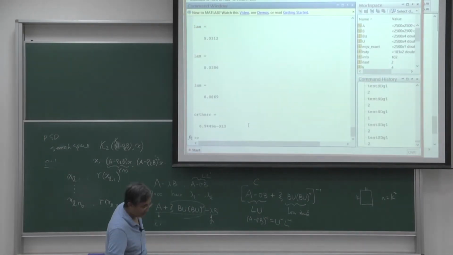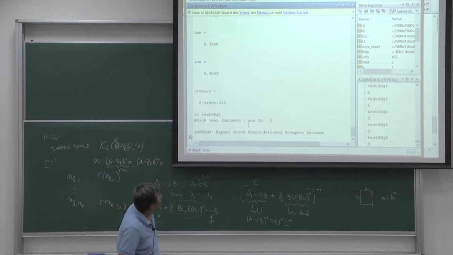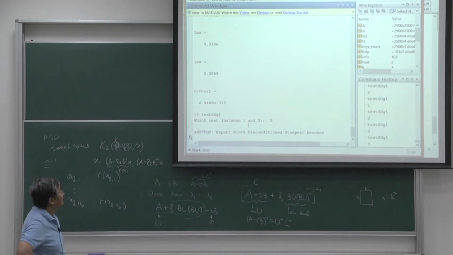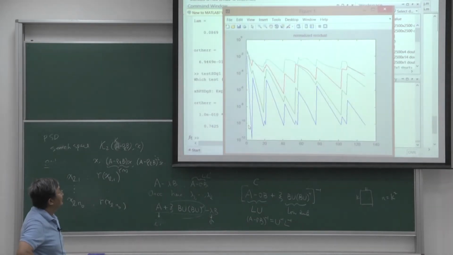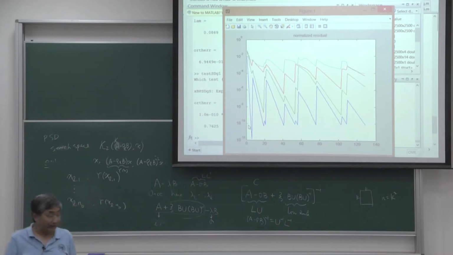Here it is. How do you read this? So I have a block size 4.